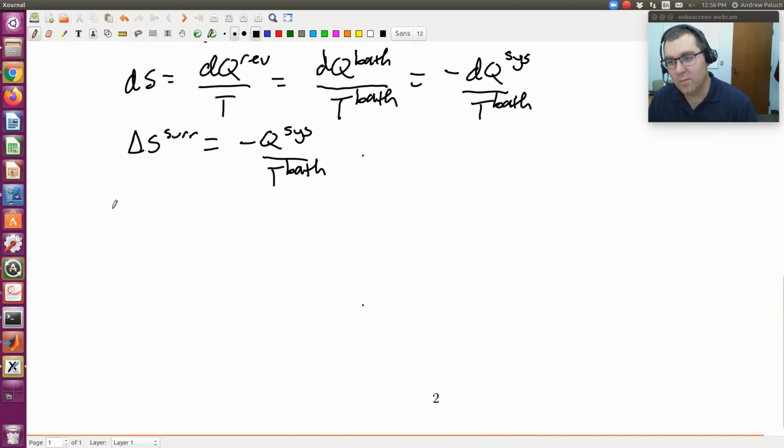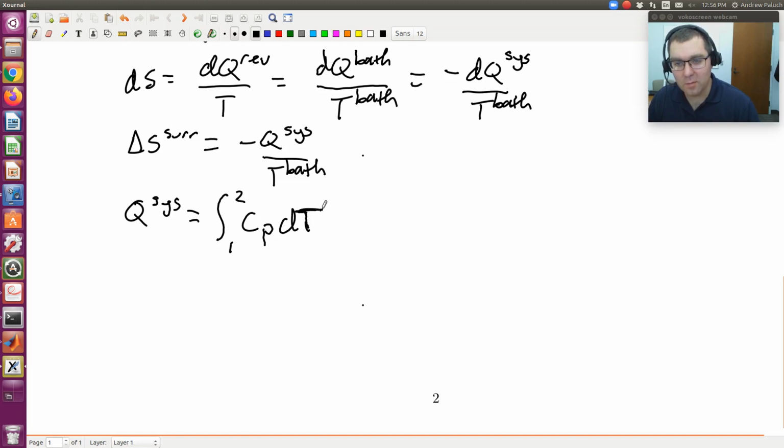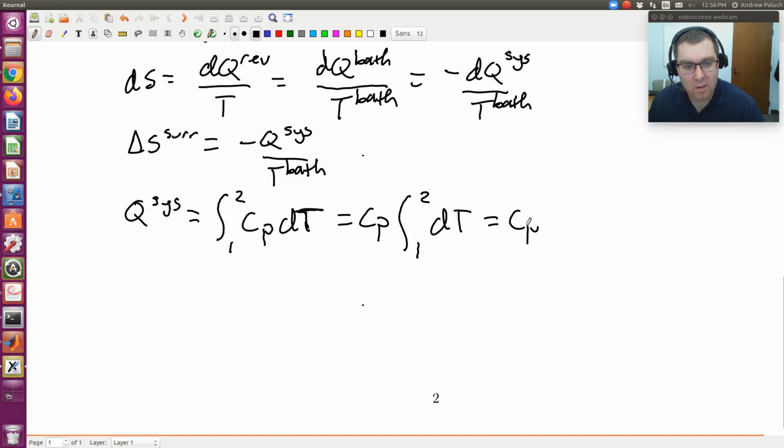Q of my system was equal to the integral from 1 to 2 of Cp dT, because we assumed constant Cp for the cooling of our block. So we get Cp times the integral from 1 to 2 of dT, which is Cp times T2 minus T1.